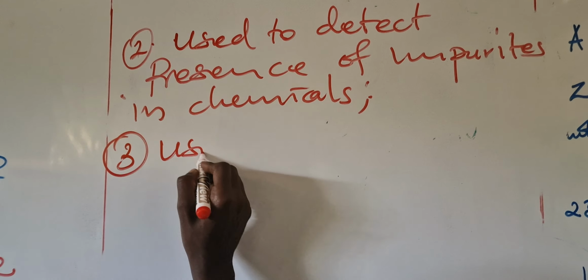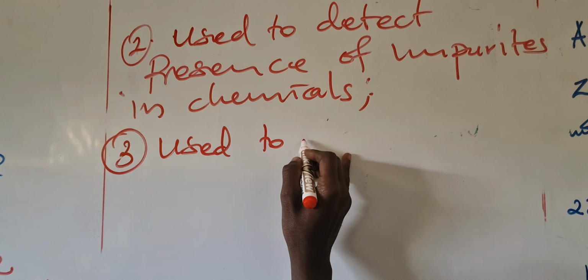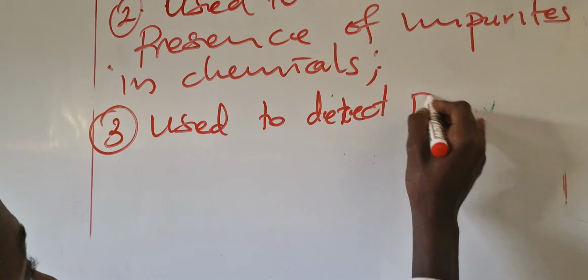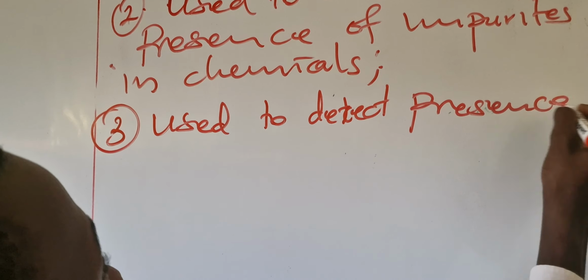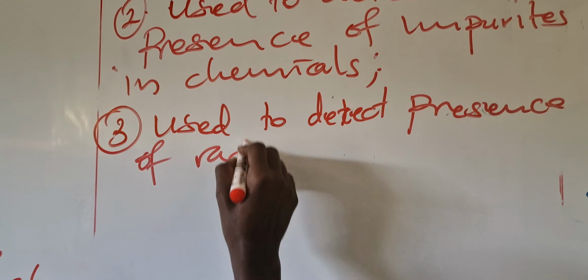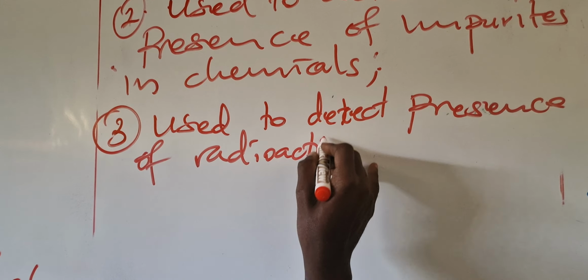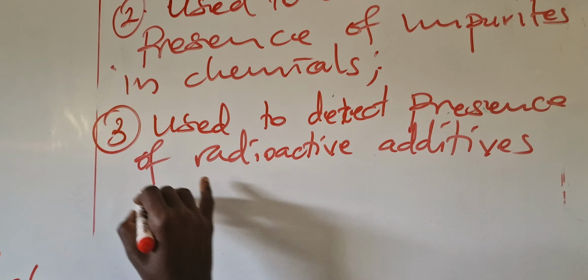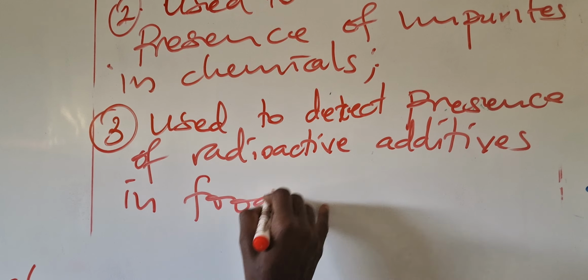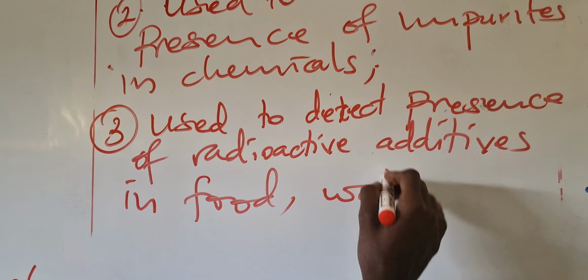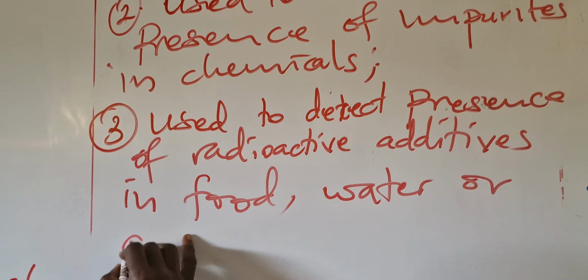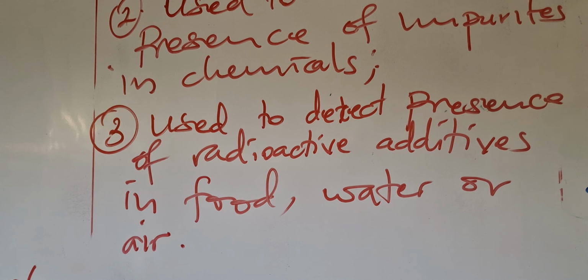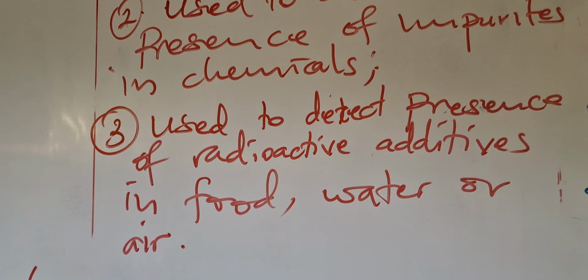Alpha decay is used to detect presence of radioactive additives in food, water, or air by research companies.